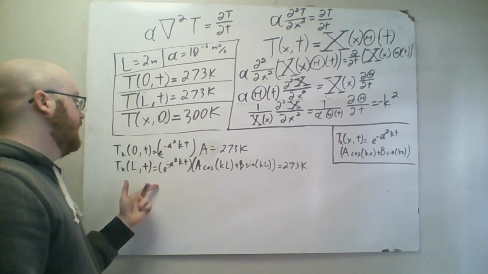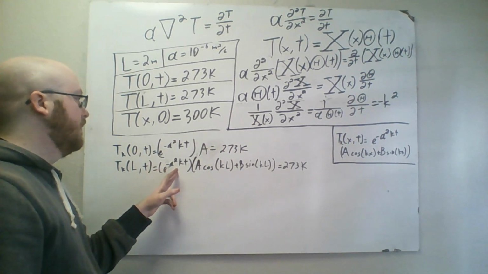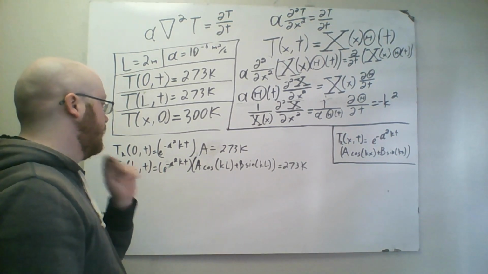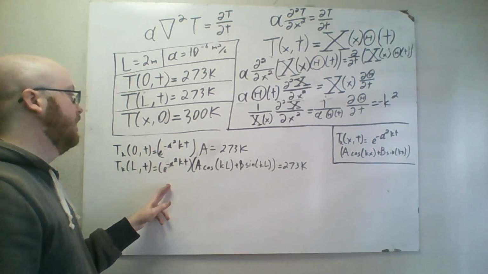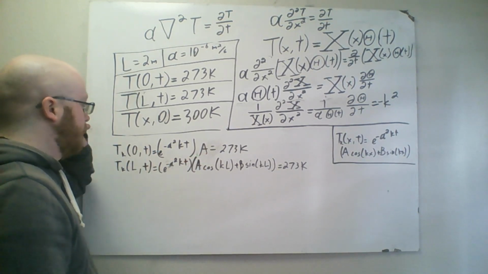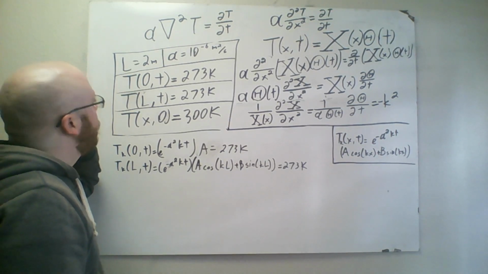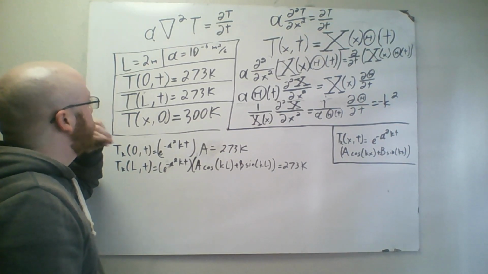So what that means is that basically one of these terms has to go to zero. This term is going to cause a problem because whatever you set A to be, this is actually going to mess it up. It's the initial distribution.